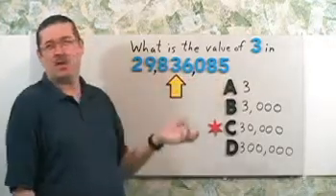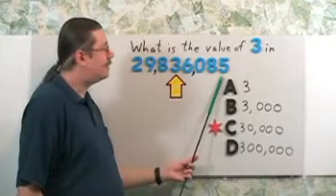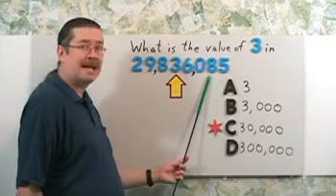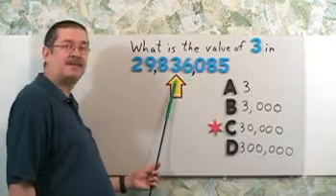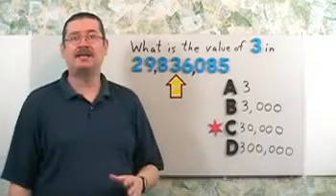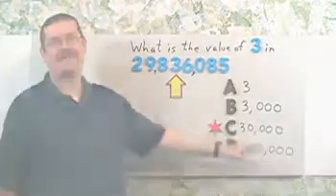Anything past that, you don't care. The 5 is in the ones or units place, and we have the tens, hundreds, thousands, 10,000s. So we have 3 10,000s. 3 times 10,000 is 30,000.